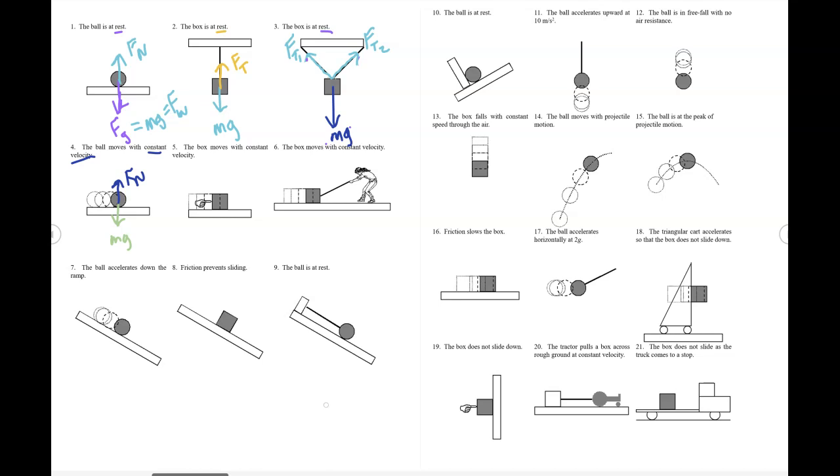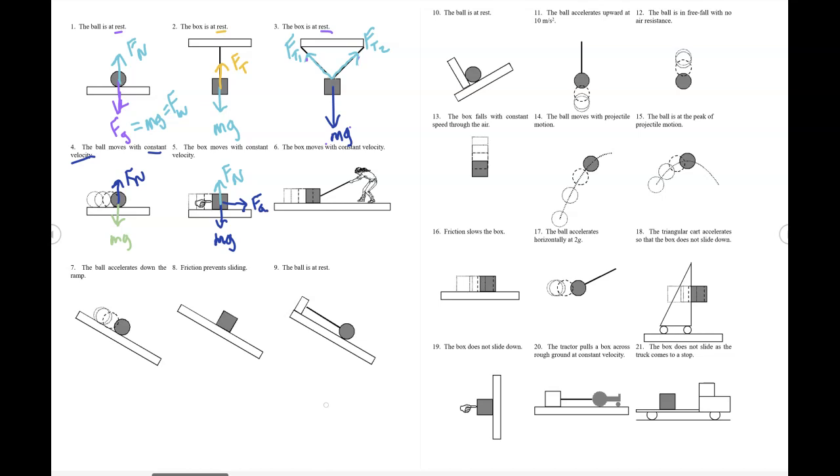Next up, we have a box with a constant velocity. Same thing. We'll do the easy force, weight force. Why is this box not going downwards? Because there's an upwards normal force, kind of a counteract to it. We have a rightward force by a hand, and we call those the applied force.